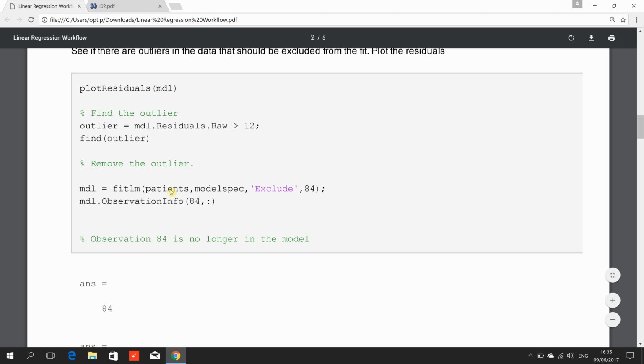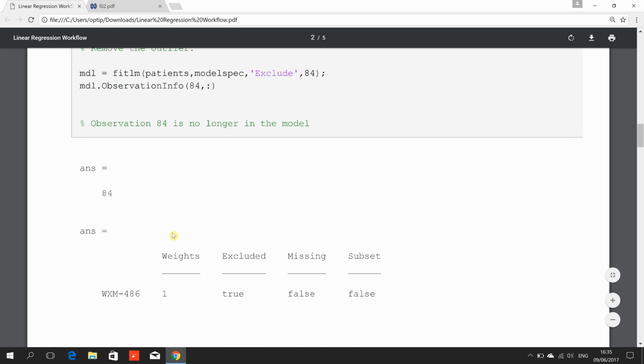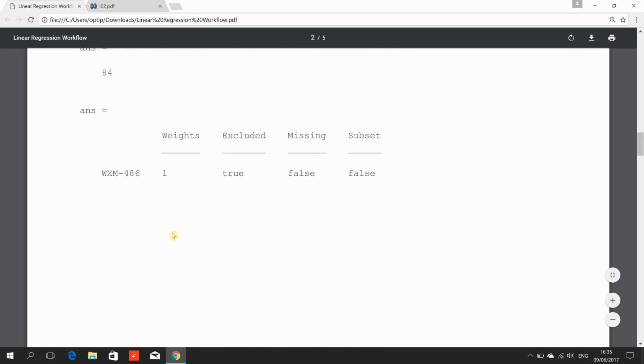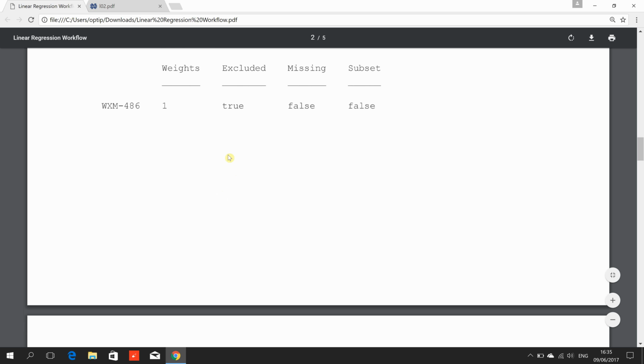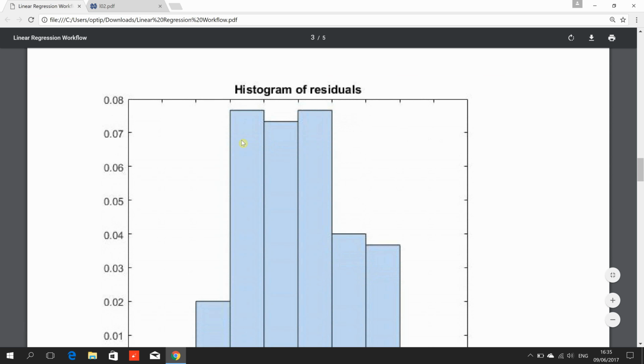And then we're going to remove it, fitlm, and exclude 84. We know it's row 84 there. So that's it. And you see there, exclude is true. Okay. The histogram of the residuals we've seen before.